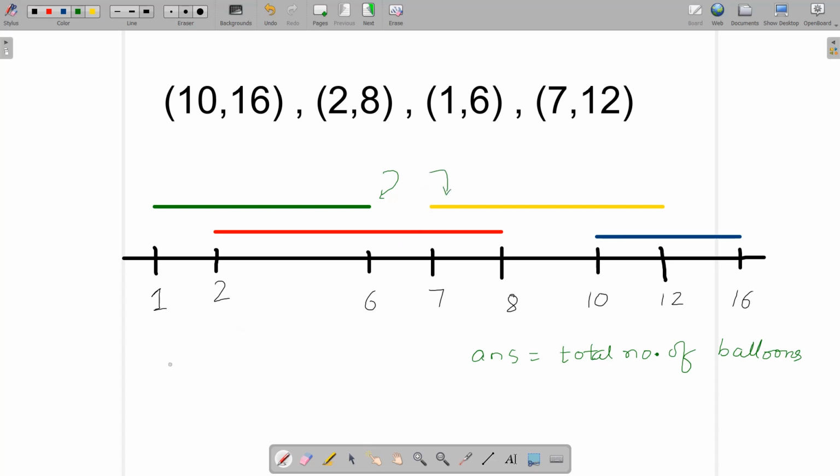Some segment is like this one, another is like this one, and another like this one. None of the segments are overlapping. In that case you shoot an arrow in each range, and here you will get 4 because all 4 segments do not overlap.